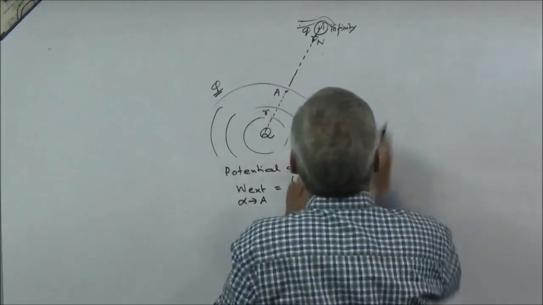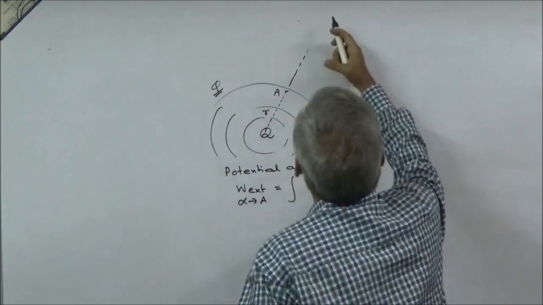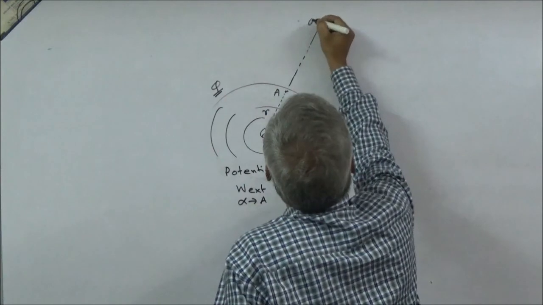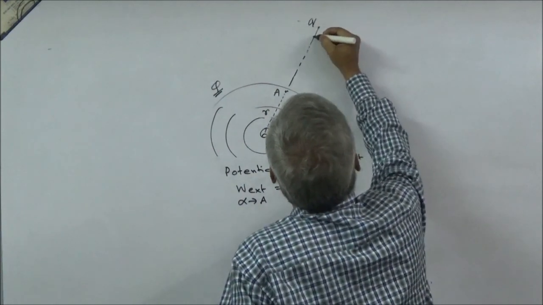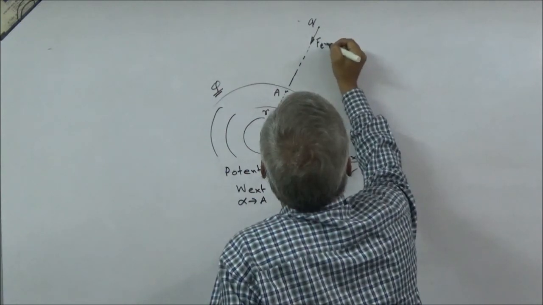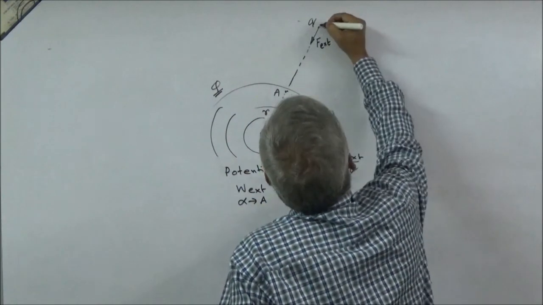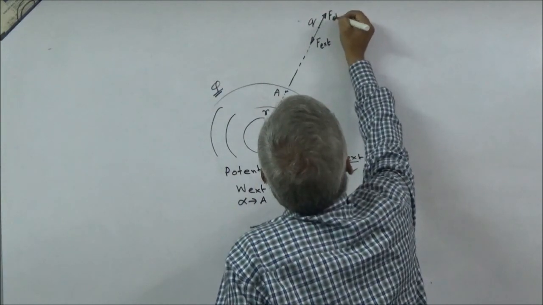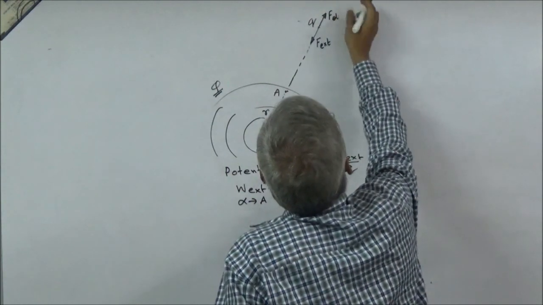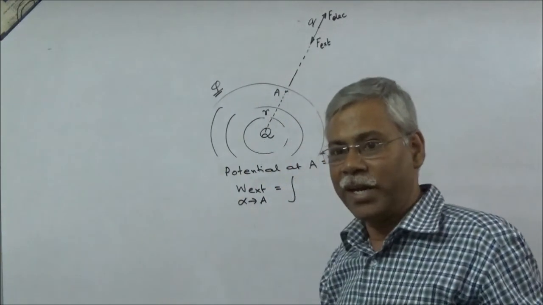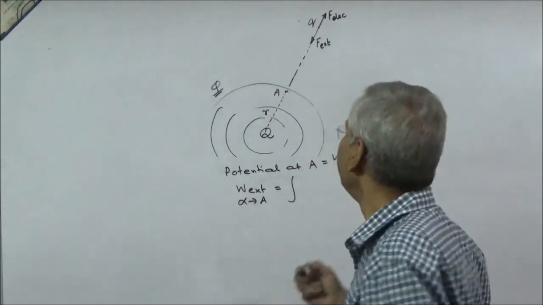So I'll show all these in a drawing. This is Q. This is the direction of F external, and this force is F electrostatic.